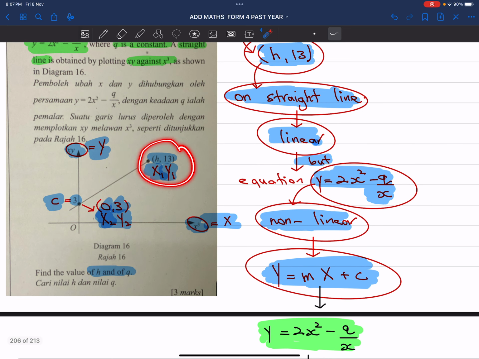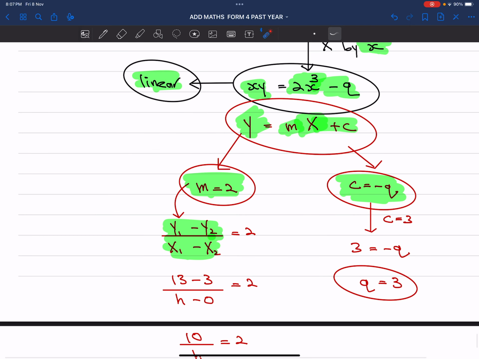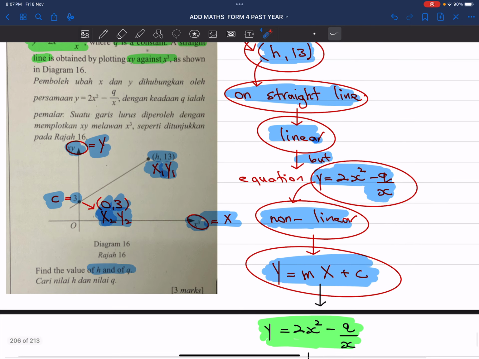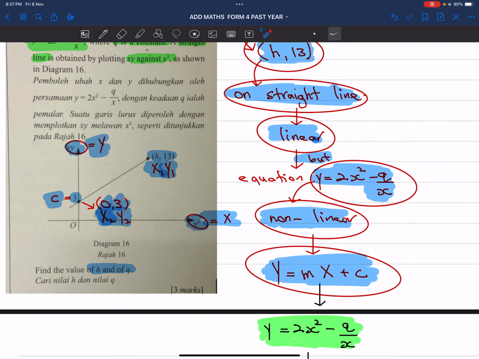All these coordinates, h, 13, 0, 3, are not the small x and small y. They are the capital X and capital Y. That is why very early, all the coordinates I label X1, Y1, X2, Y2.